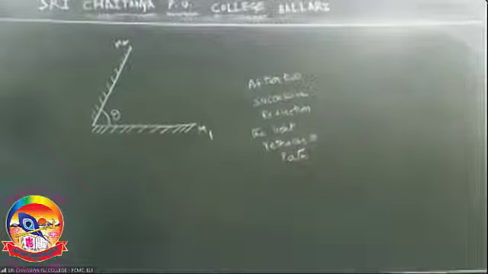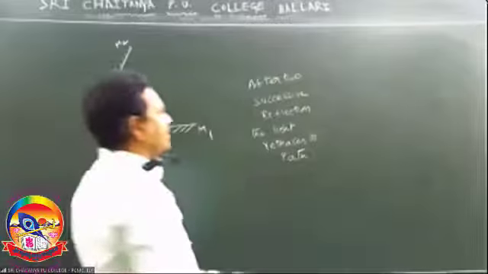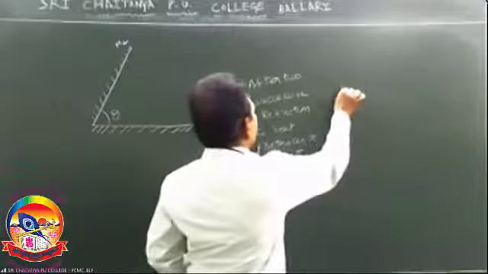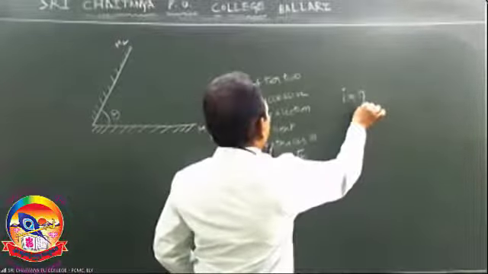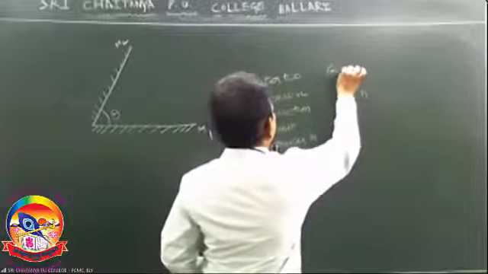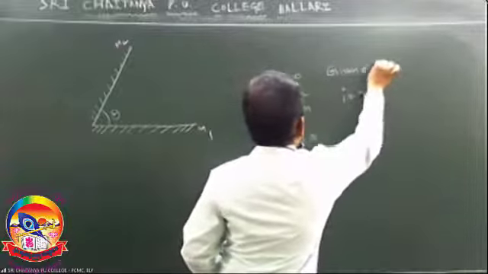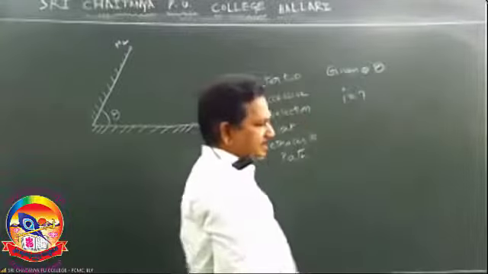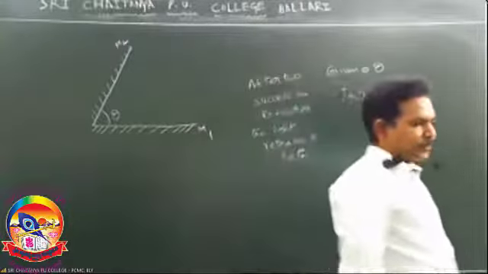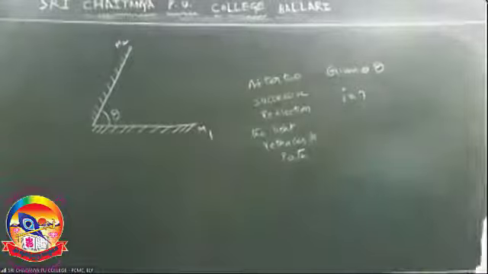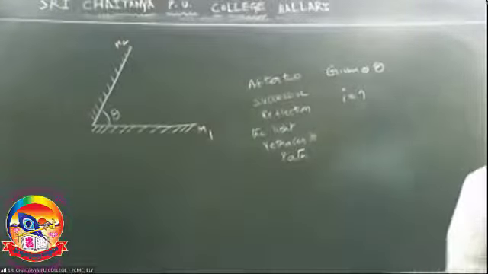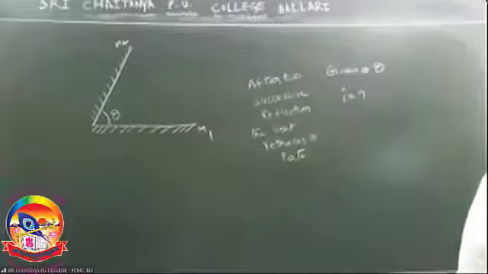We have to find the angle of incidence on the first mirror. What is given is the angle between the two mirrors. We have to find the angle of incidence on M1 such that after two reflections, it retraces its path.